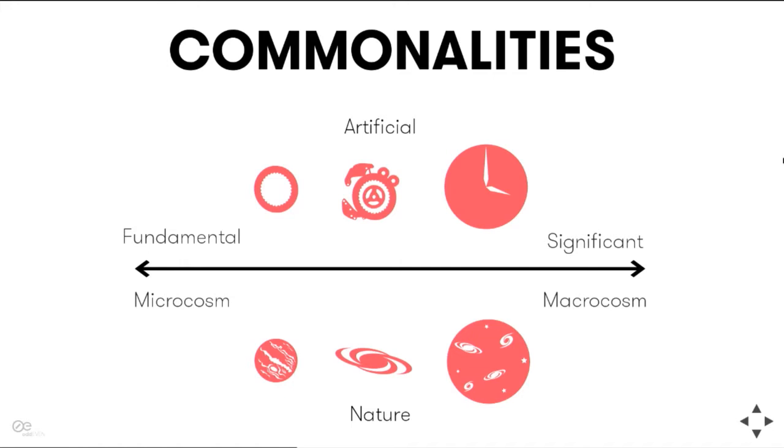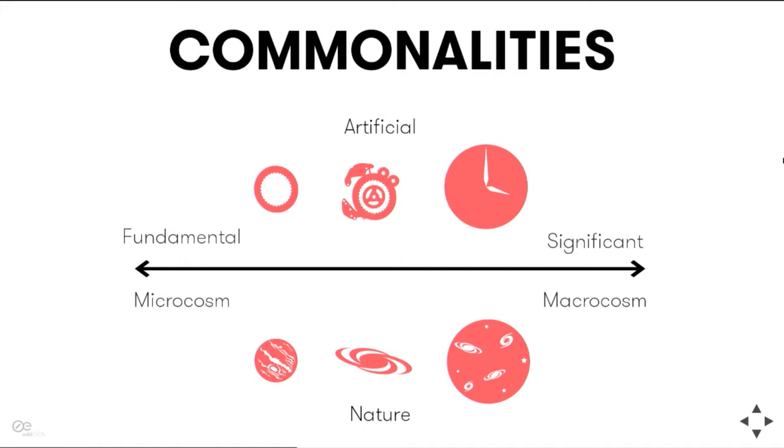One little piece in this watch is very fundamental, but as you go up in these components, probably the final watch is very significant, right? That's the terminology Ken Wilber uses in a holarchy.